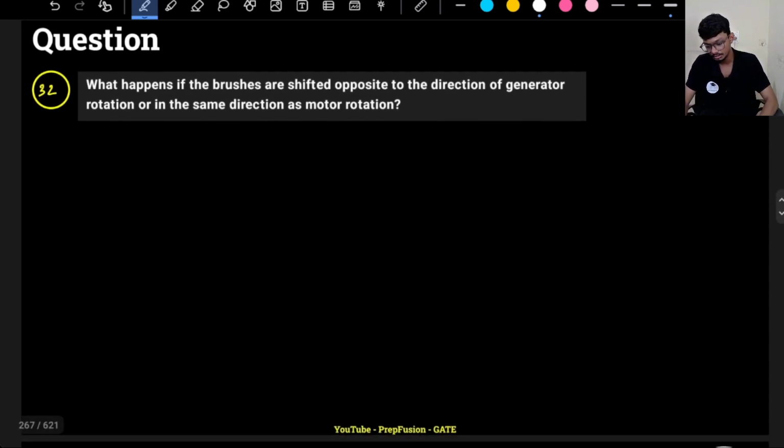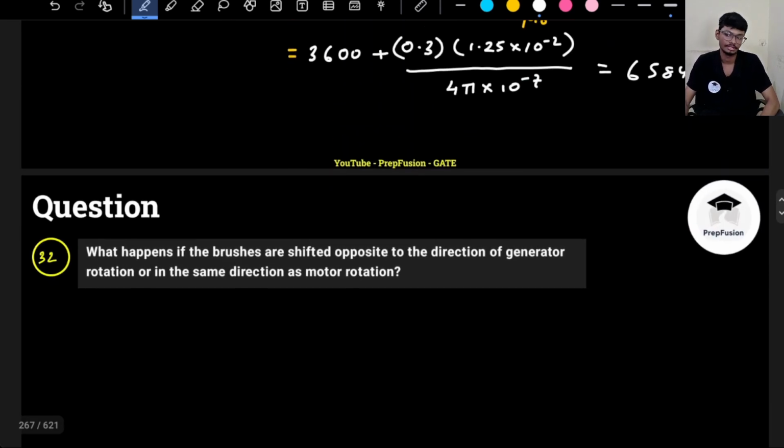What we remember, I remember one specific thing: in case of a generator, the MNA will shift in the direction of rotation of the generator, and it will shift opposite to the direction of rotation for the motor. So this you have to remember, unfortunately, or you can derive it in the exam hall as well.